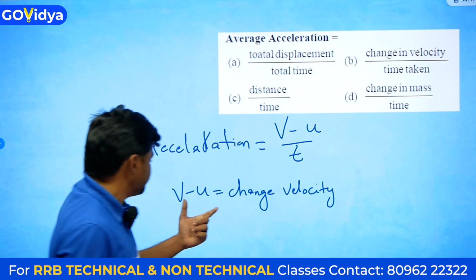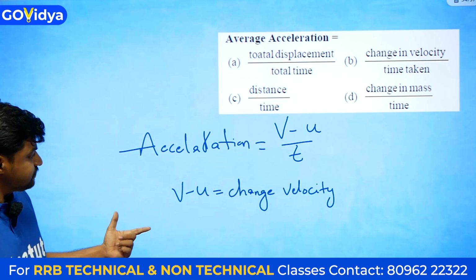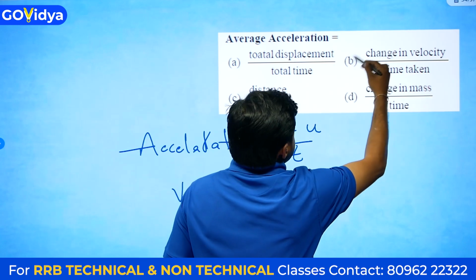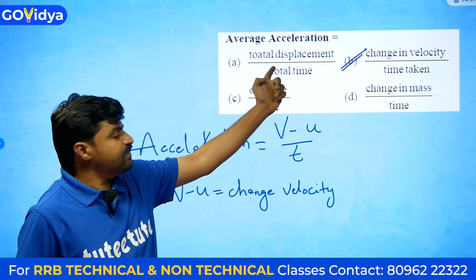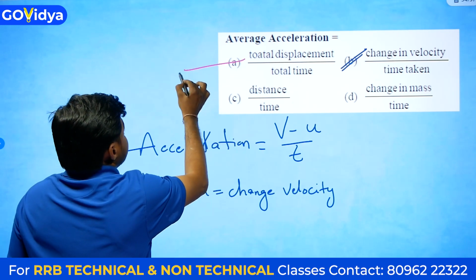Okay, velocity అనేది మనకి v minus u అనేది change in velocity. Okay, from the options, option change in velocity by time, option B is the correct answer. Okay, option A total displacement by total time. Displacement by time అనేది మనకి velocity formula.